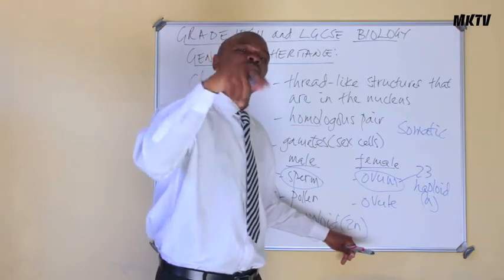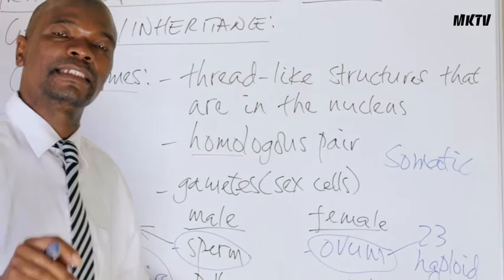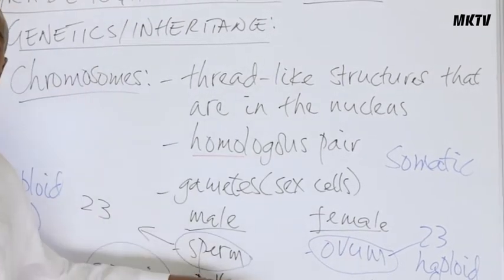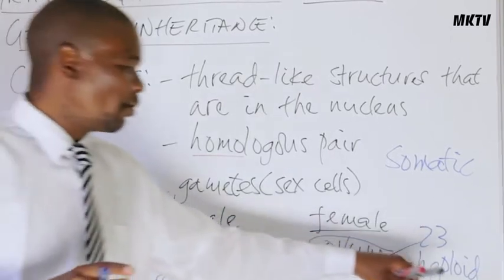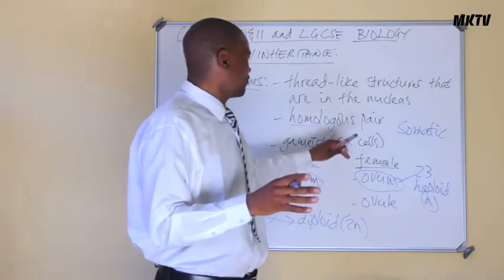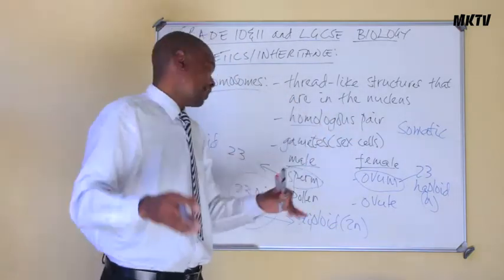That is 46 for human beings. Okay, for lion, that would be 38, 30 for a giraffe. It means in the sperm of a male giraffe, there will be 15 chromosomes. In an ovum of a female giraffe, there will be 15 chromosomes, and then they pair up, and then they form homologous pairs. Therefore, that's what we have.